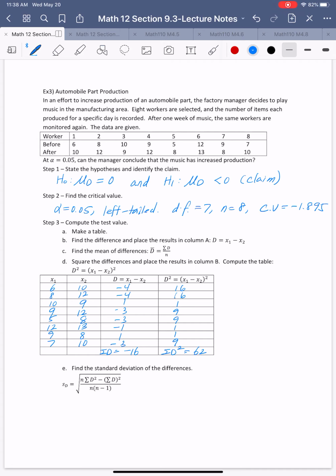Okay, so now find the standard deviation of the difference. So SD is the square root of n, 8 times 62, subtract negative 16 squared, over 8 times 7.